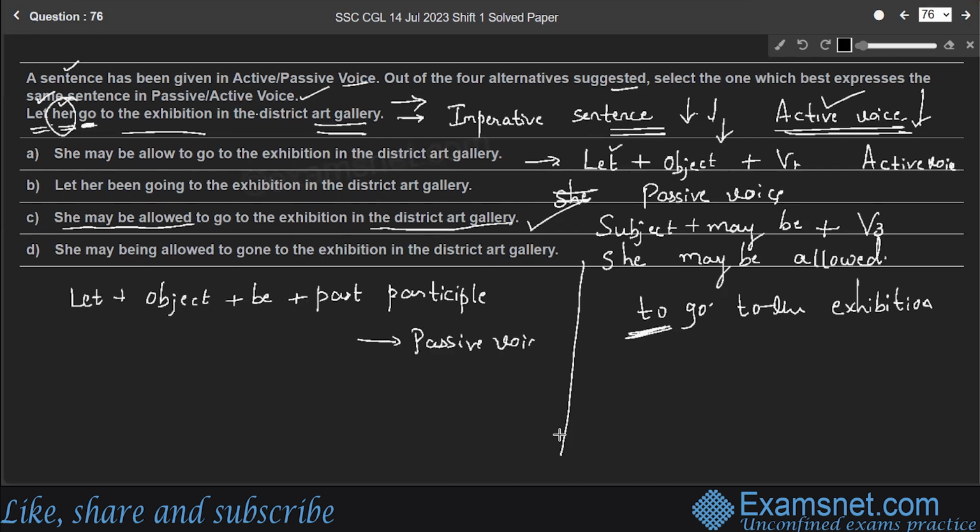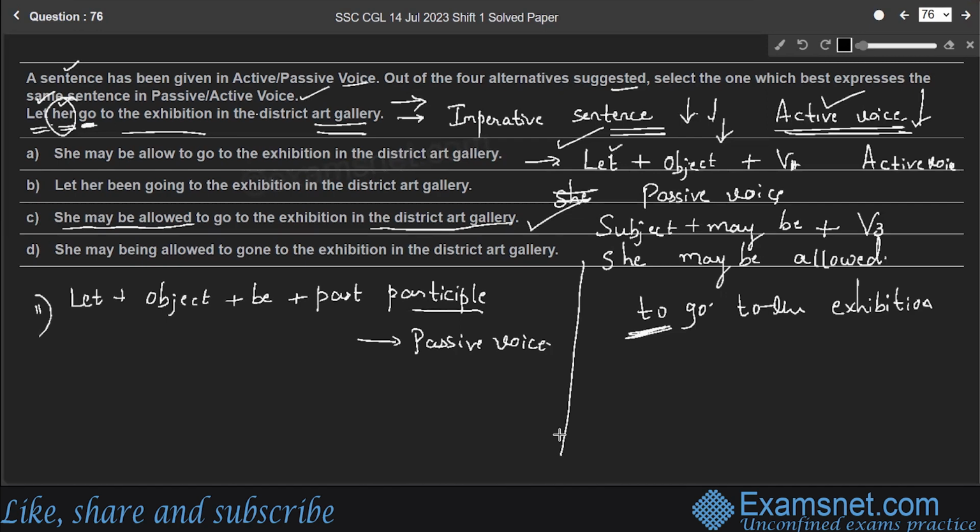Don't get confused. According to the given sentence, the format let plus object plus V1 is the active voice format of an imperative sentence. And the second one, let plus object plus be plus past participle, is the passive voice format of an imperative sentence, right?